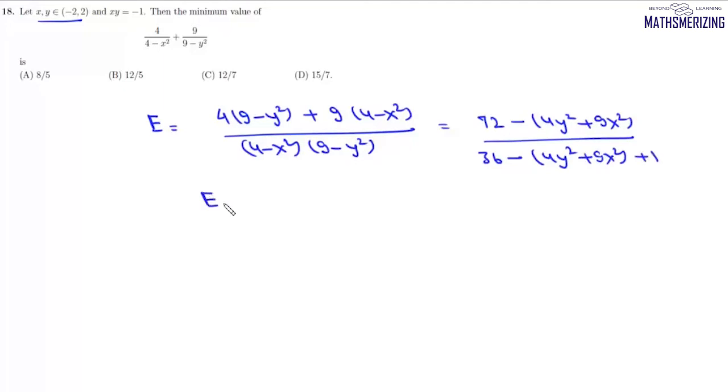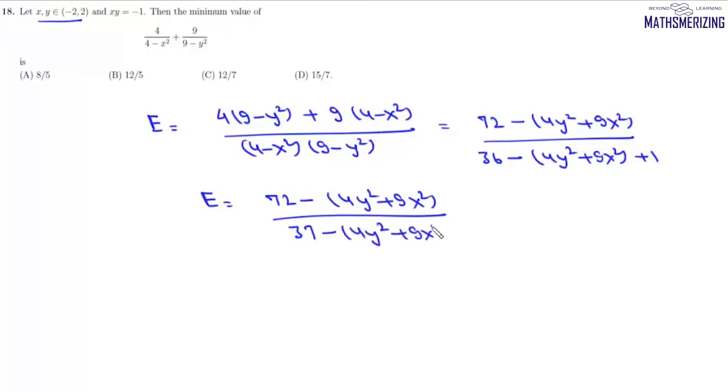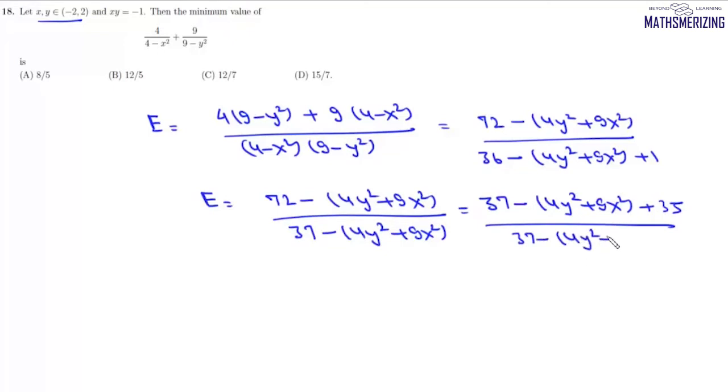So we can write this expression E as 72 minus (4y square plus 9x square) upon (37 minus 4y square plus 9x square). Now we can write this numerator as 37 minus (4y square plus 9x square) plus 35 upon 37 minus (4y square plus 9x square).